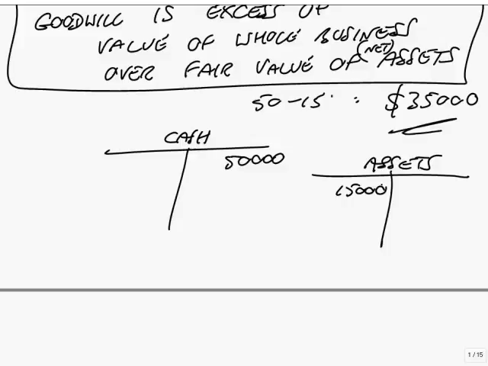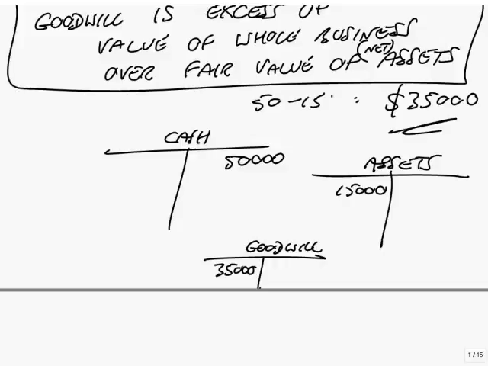Why did I pay more? I bought another asset, which was goodwill. Well, if you've actually paid for goodwill, because you bought another company, then you can show it in your balance sheet as an asset, just like you show machines, etc. All right?